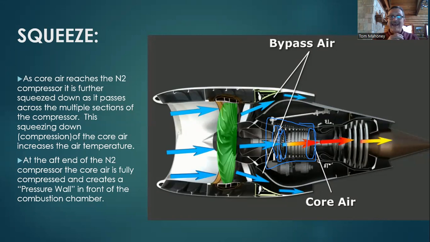We have a pressure wall at the aft end of the compressor or N2 compressor. What's the compressor made up of? Of course, it's made up of rotor sections and stator sections. The whole thing is now called the compressor.